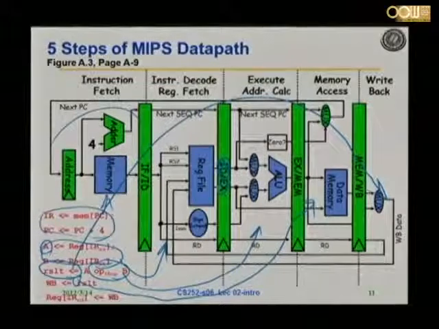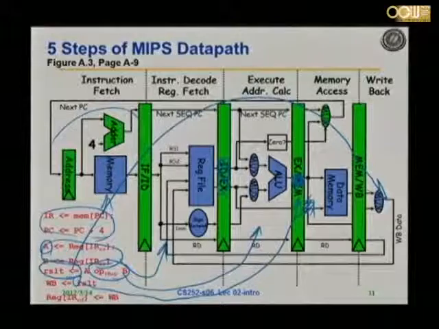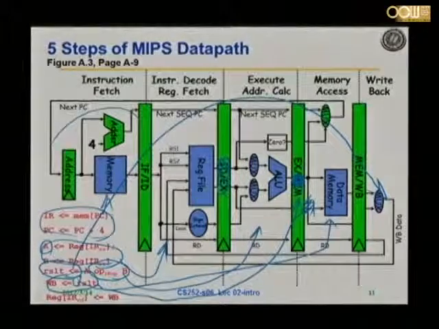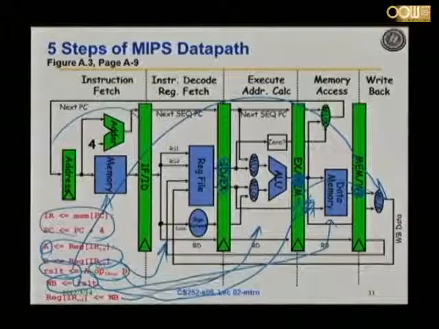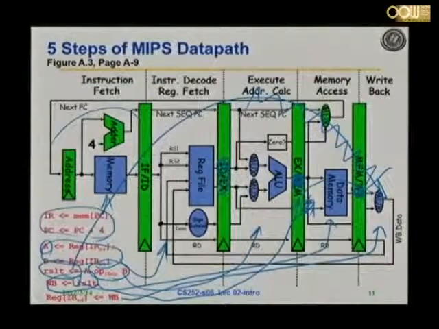I said it wrong, I'm sorry. Write to result, where's result? I'm sorry, result is here, this portion of the pipe latch. And then result to write back is here. From here to here, write back. And write back to register destination is here.